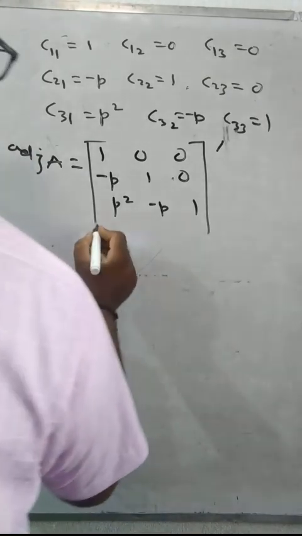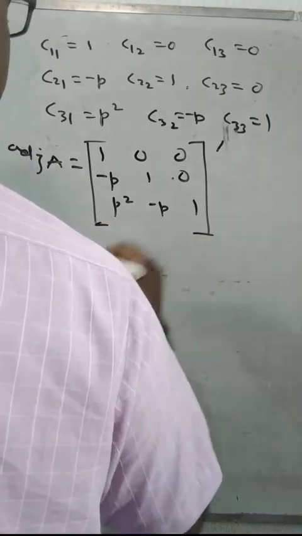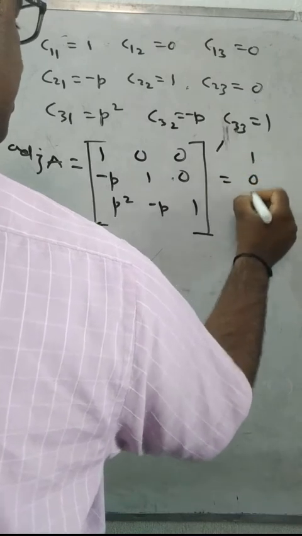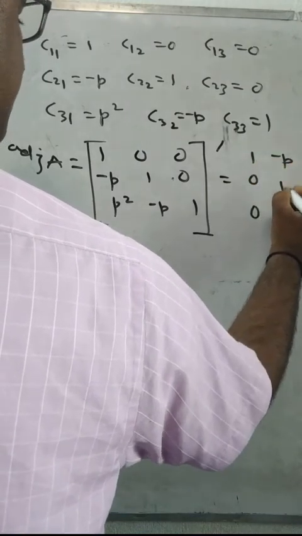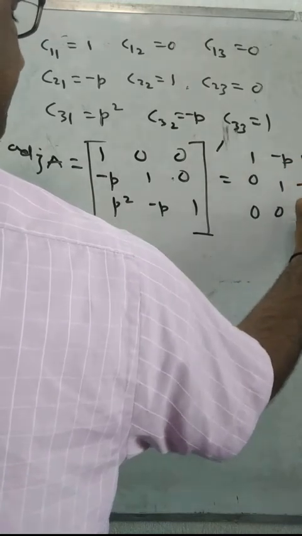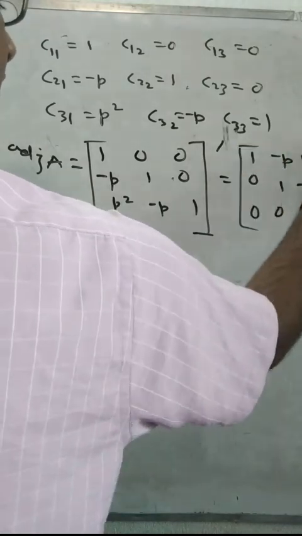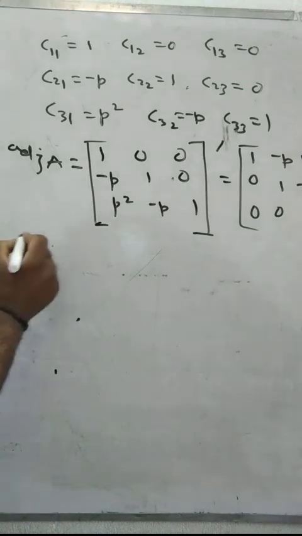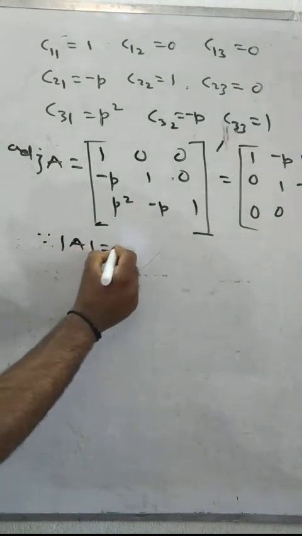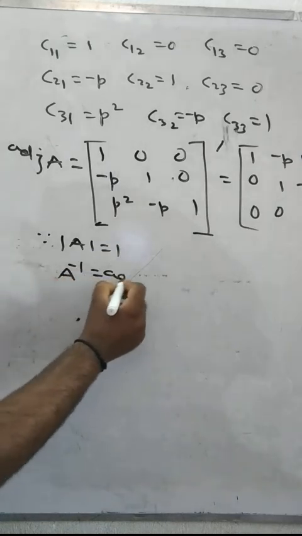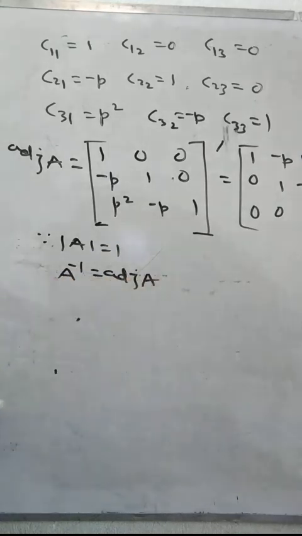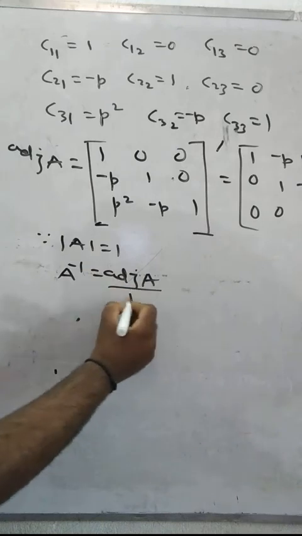Its transpose. So this can be written as [1 -P P²; 0 1 -P; 0 0 1]. And since determinant A is equal to 1, A inverse is equal to adjoint A itself.